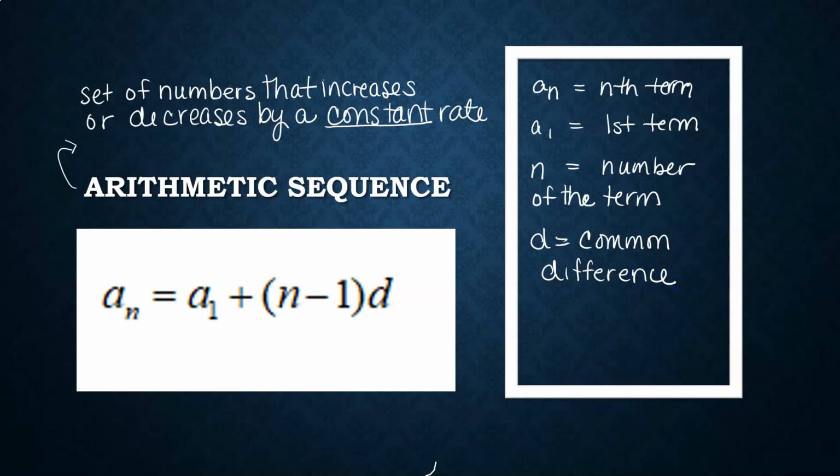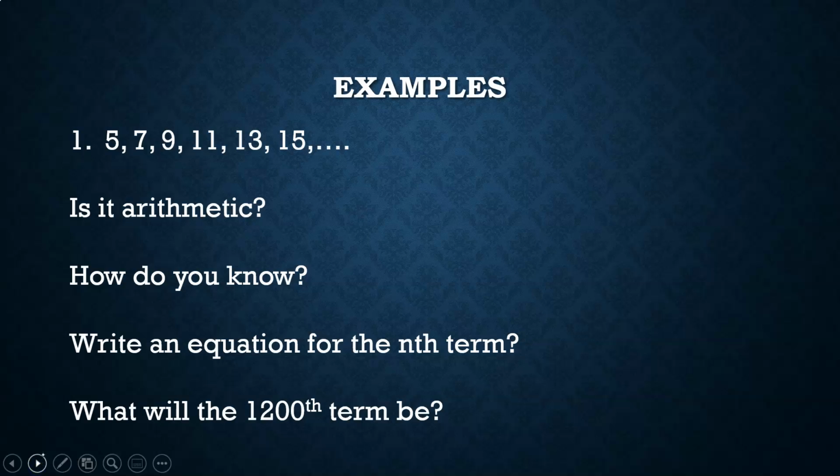All right, so let's get into some examples. So here's a sequence: 5, 7, 9, 11, 13, 15. Here's the question: is this an arithmetic sequence? You're going to find the difference between each one of the items in the sequence. So 7 minus 5 is 2, 9 minus 7 is 2, 11 minus 9 is 2.